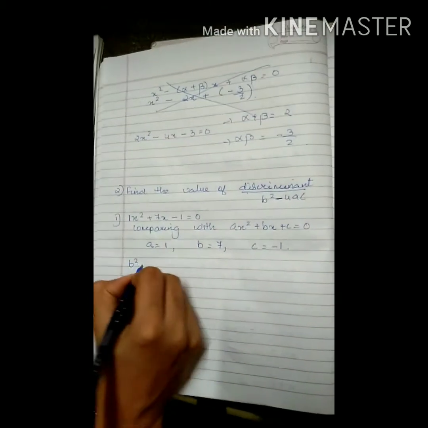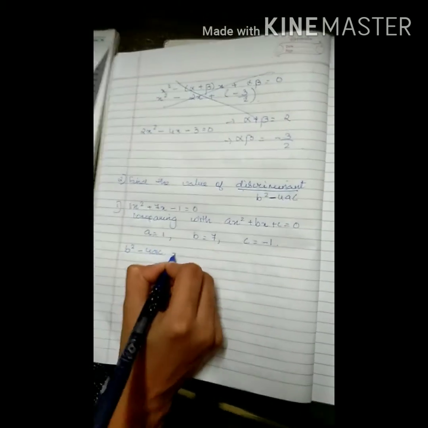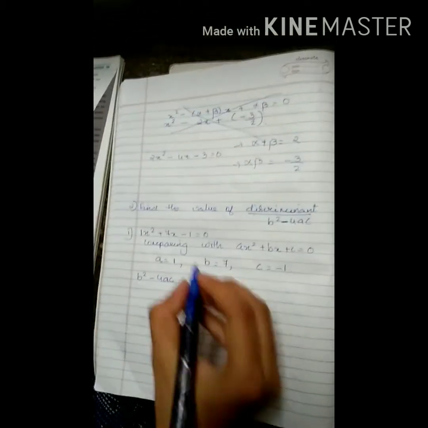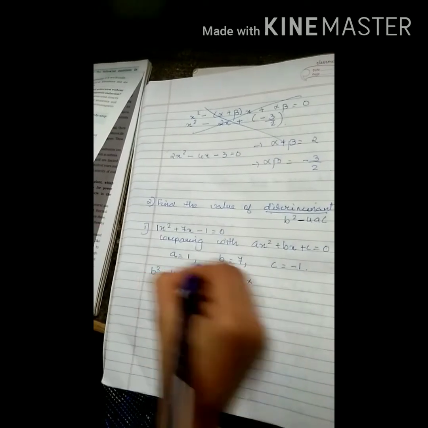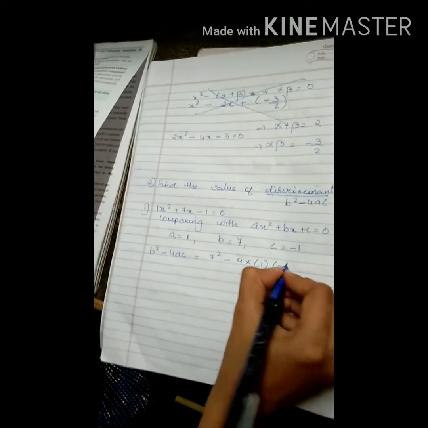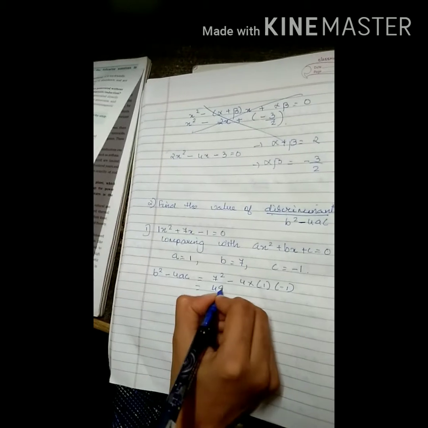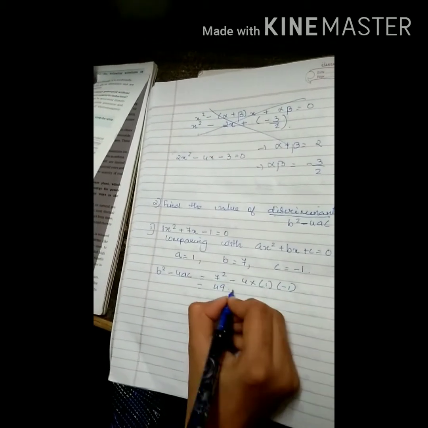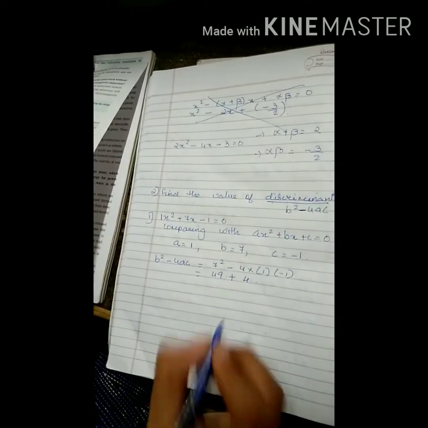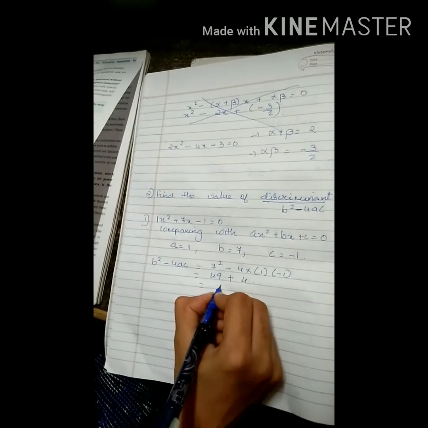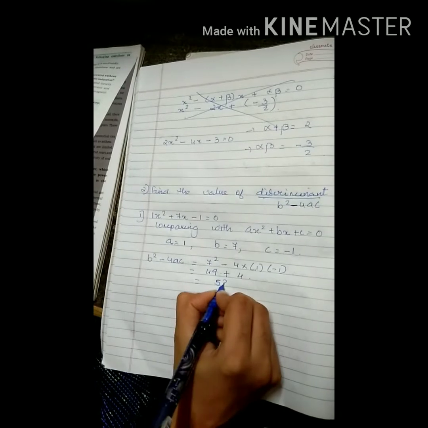Now we have to find b square minus 4ac, that is 7 square minus 4 into 1 into minus 1. 7 7s are 49, minus into minus is plus, 4 ones are 4, again 4 ones are 4, 49 plus 4, which is equal to 53.